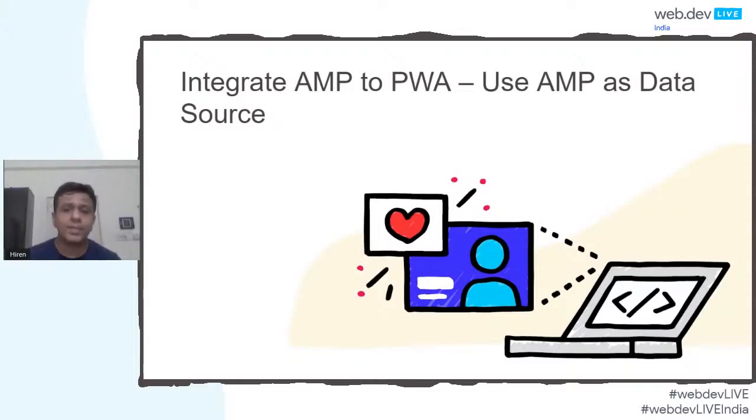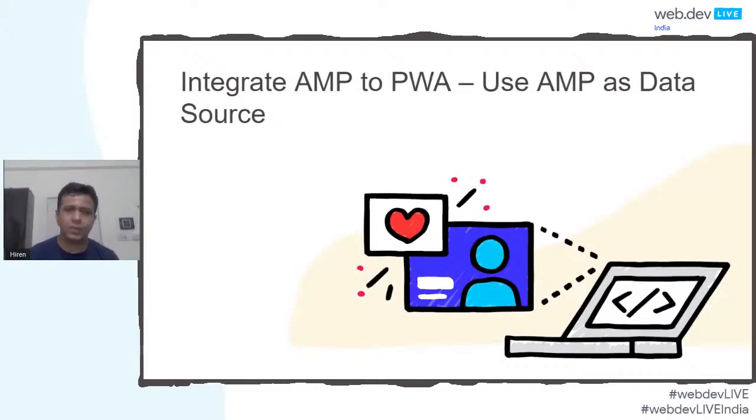Normally, a progressive web application is a single page application, and inside the HTML page we have some API calls that give you some JSON data, and then we use that JSON data to render our HTML. So if you want to convert your existing PWA and leverage the power of AMP, there are some ways you can do that.